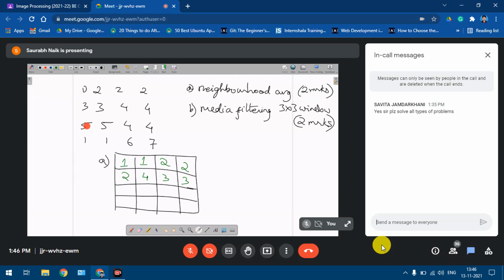Then at 2 comma 0, I have the pixels 3, 5 and 1 as the neighbors. So the sum comes to 9 divided by 4, which is, sorry, not 2.5, it will come as 2.2.